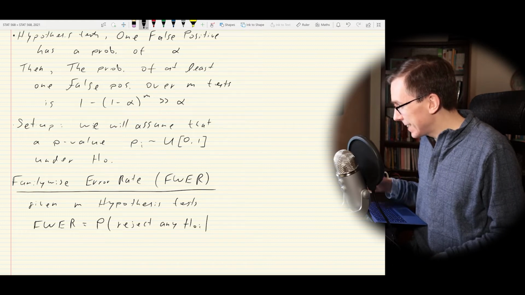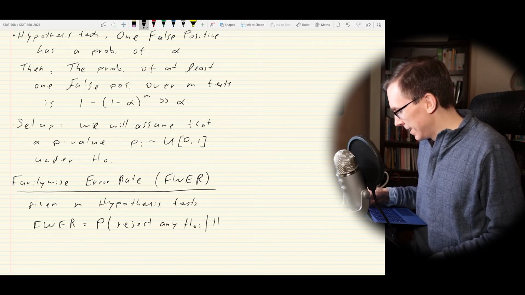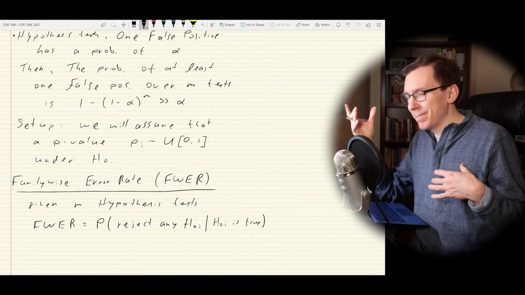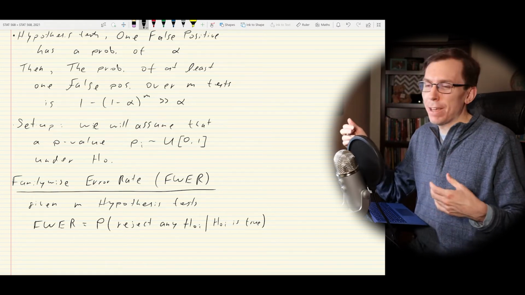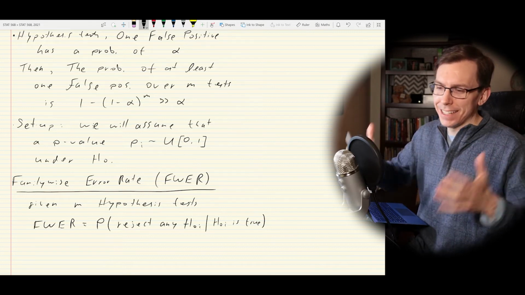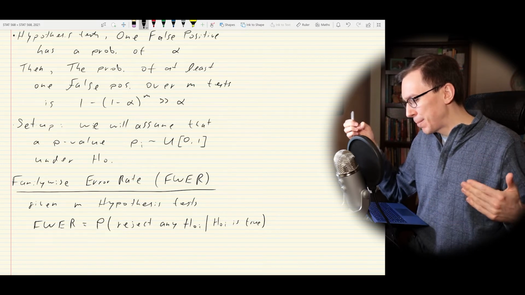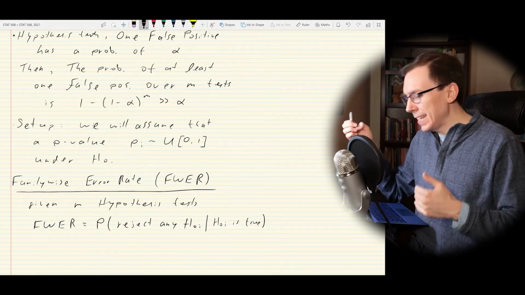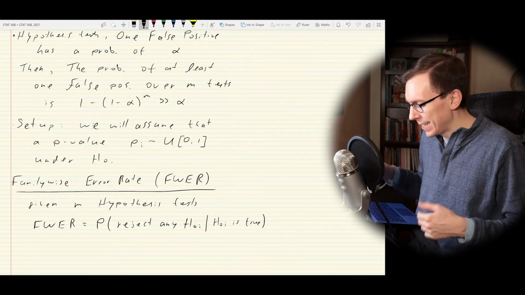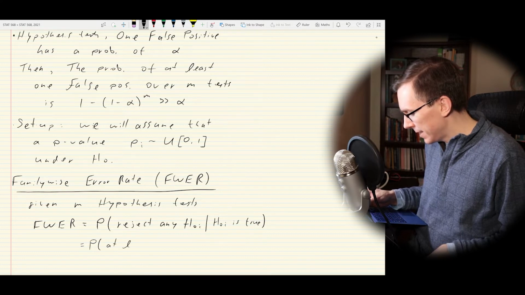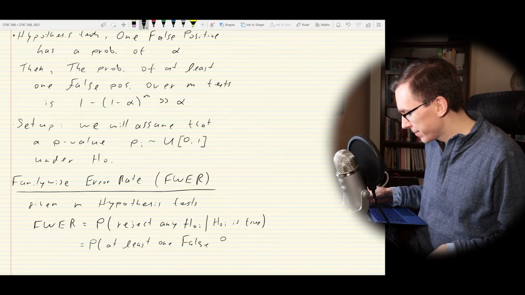And that's given that H naught i is, well, I'm just going to write, is true. If we really want to be pedantic about it, it might not be the exact right way to say it, but effectively we're saying, let's assume that that null hypothesis is true. Then the family-wise error rate is the probability that we reject anything, any nulls that we shouldn't have rejected. That is equivalent to the probability of at least one false positive.